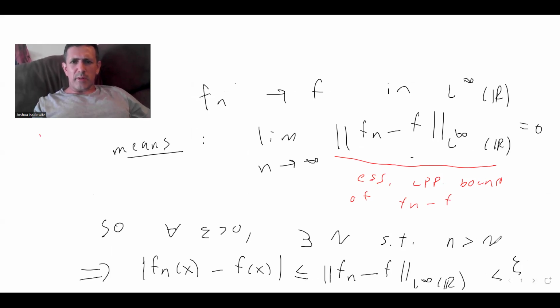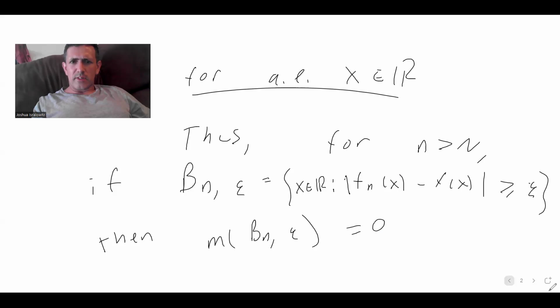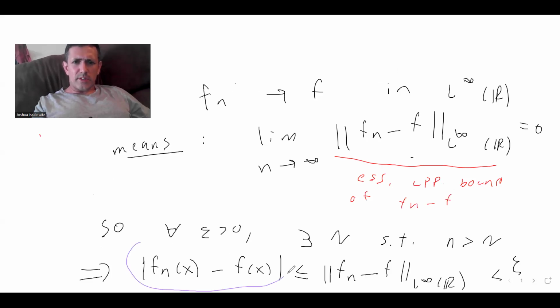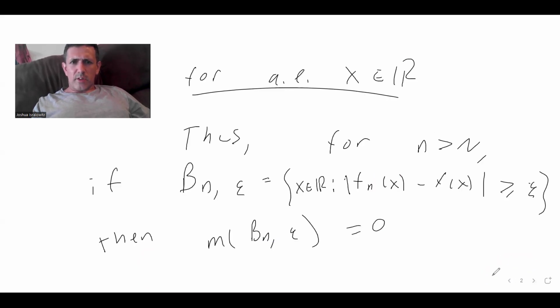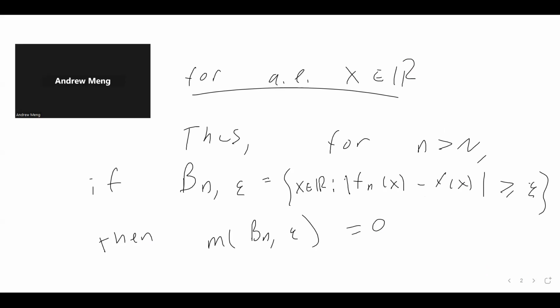As long as little n is bigger than big N, this is true for almost every x. So the measure of this set is 0. So everything okay so far? In particular Andrew, does that make sense? So far, so good. Yeah.